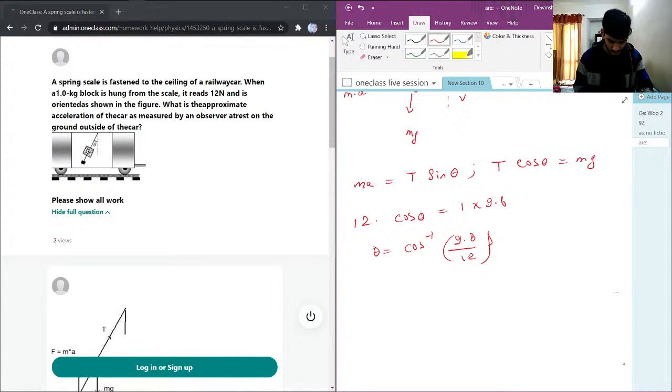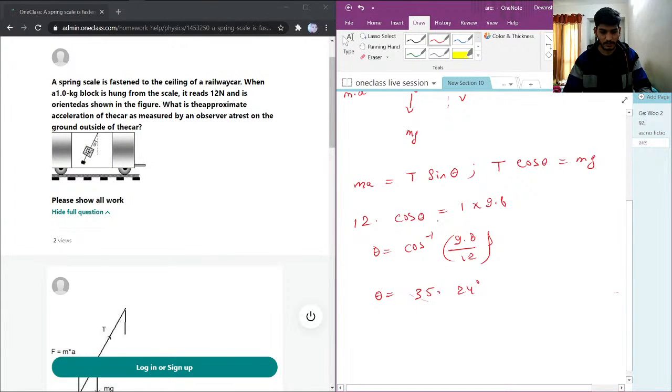Then we take the inverse cosine first. Theta is 35.24 degrees.